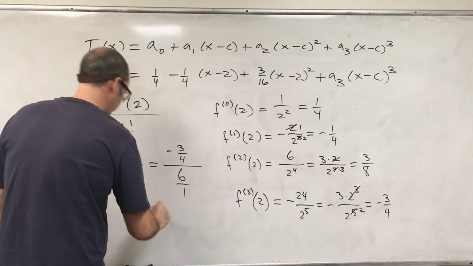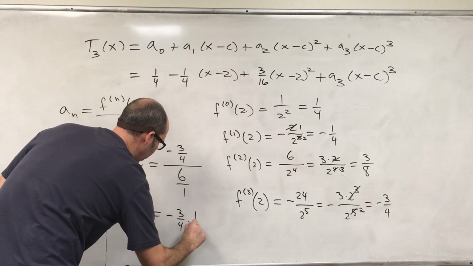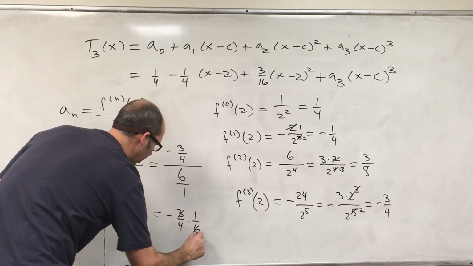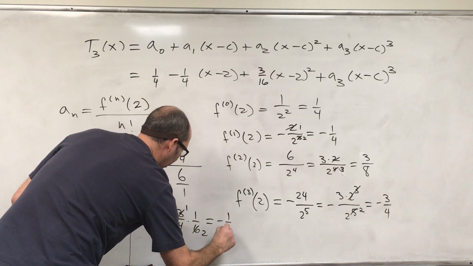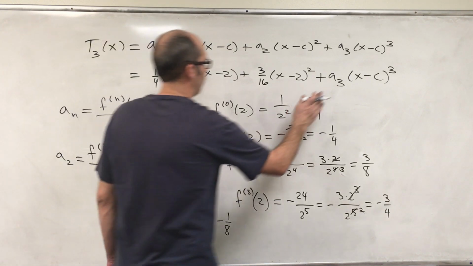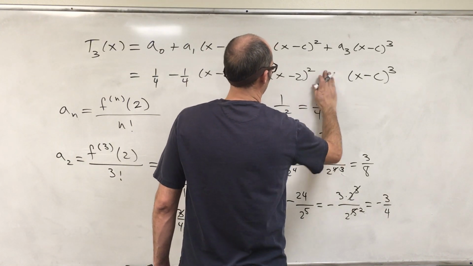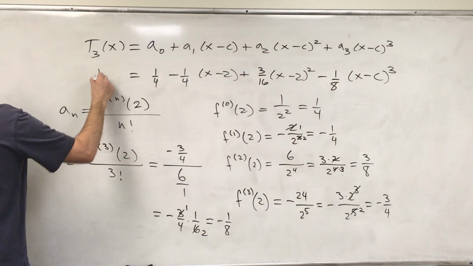Do the flip-up rule: negative 3/4 times 1/6, so we've got negative 1/8. And that is our answer.